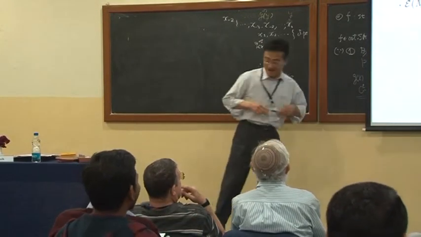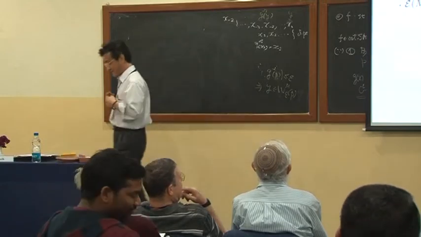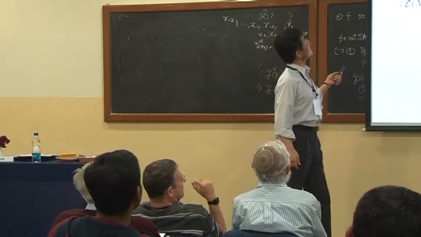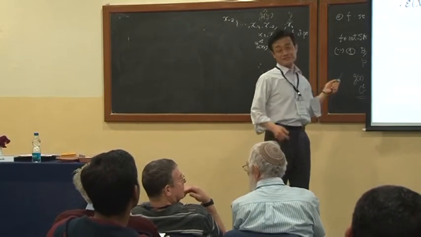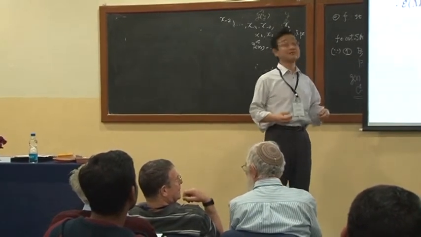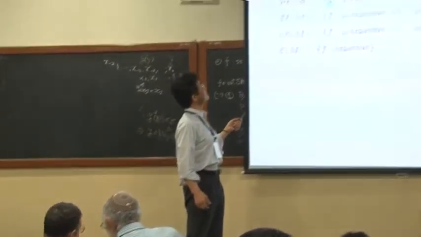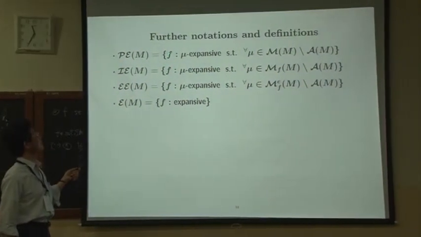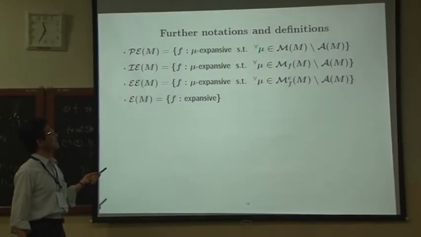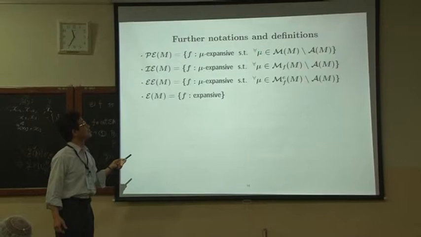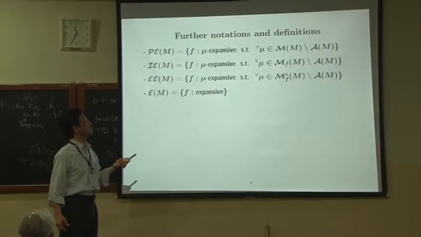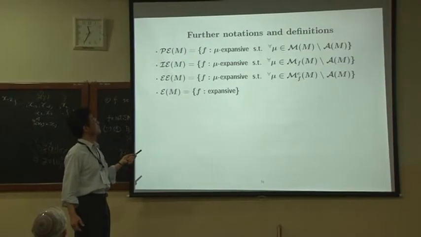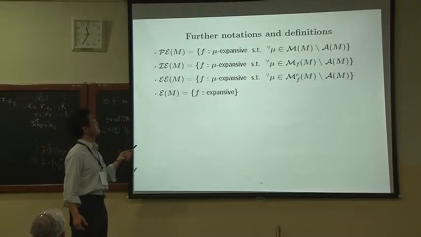Okay, so another presentation. PE is the set of all diffeomorphisms F such that for any probability measure mu, F is mu expansive.